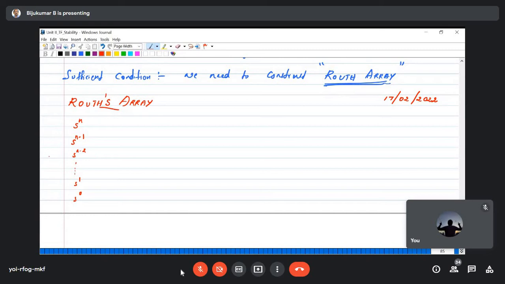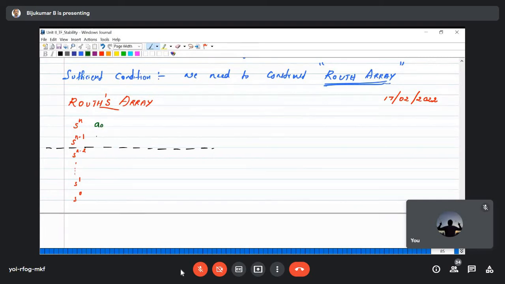So first step, you write all the powers of s from the higher order to the lower order. Now let us see how to construct this using the polynomial. You take the first two rows, s^n and s^(n-1), and now you locate the coefficients accordingly. Our first coefficient is a0, so a0 you place here.